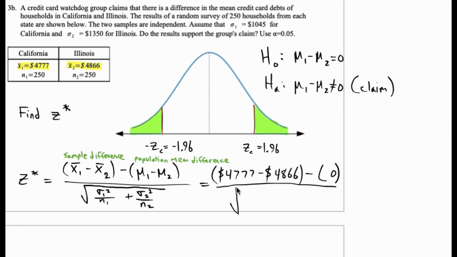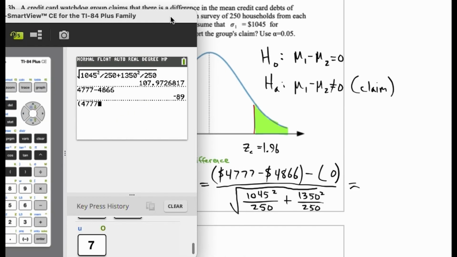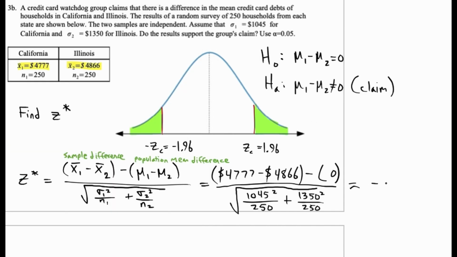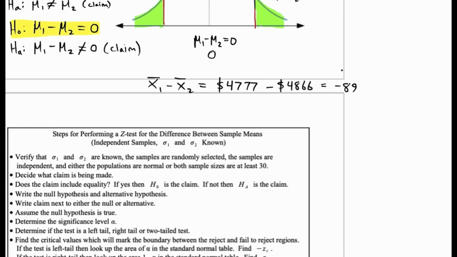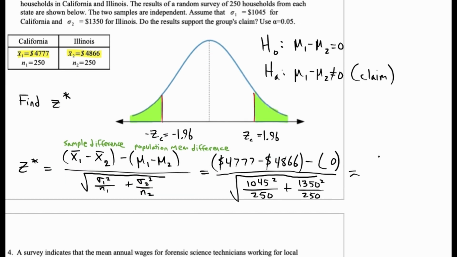Next, let's plug in the standard error here. Alright, I'll see what I get. I'm getting negative 0.824. And if I just show the numbers that went into that, it would be negative 89 over 108.